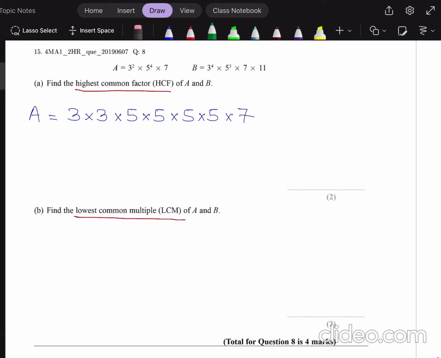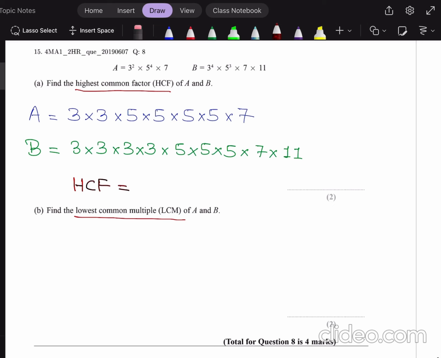Similarly, for B, 3 raised to the power 4 means 3 will be multiplied 4 times. 5 cube means 5 has to be multiplied 3 times. Then 7 times 11.